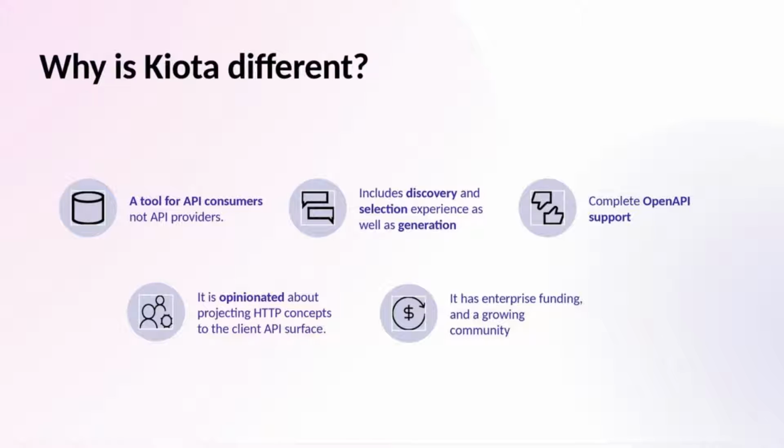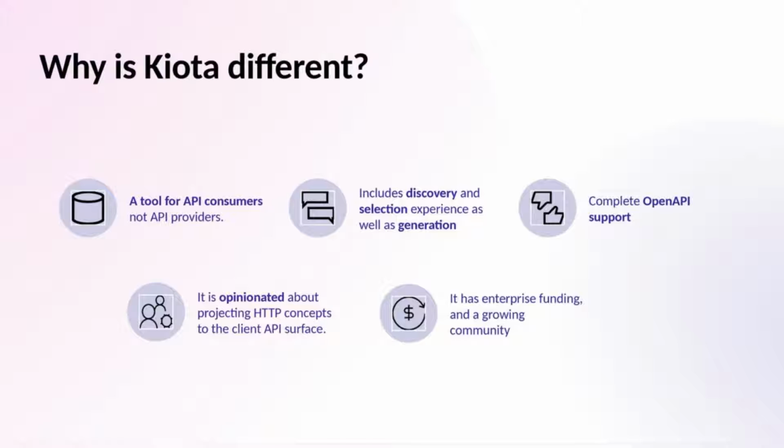And it doesn't matter which API you're calling, the code is going to use the same conventions. And we were working really hard to have complete OpenAPI support. One of the reasons for poor quality of existing SDK generators is they don't do a good job of supporting all of the different things that you can do in an OpenAPI description.